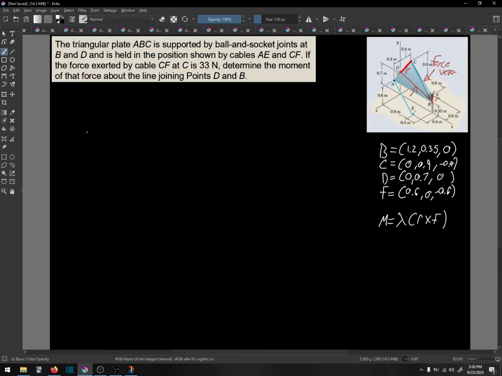So cable CF. Let's just find what vector CF is, and then we're going to need to find R. Now we could say that R is DC, or DB. We're going to need to find DB. DB is the axis of rotation.